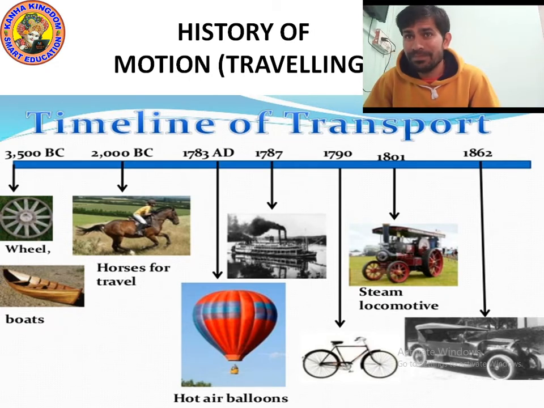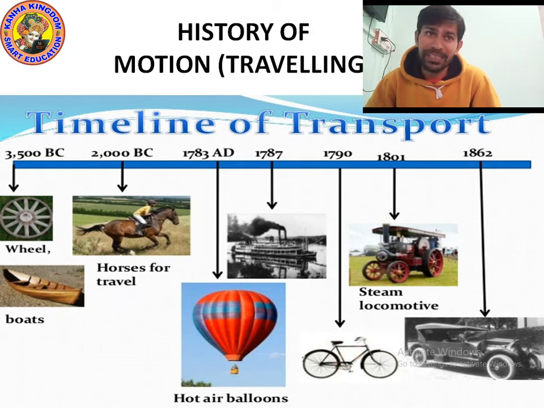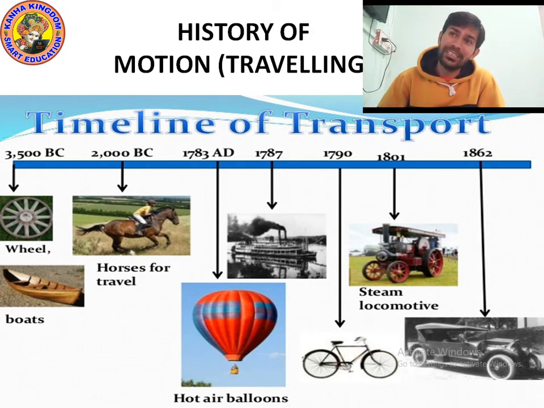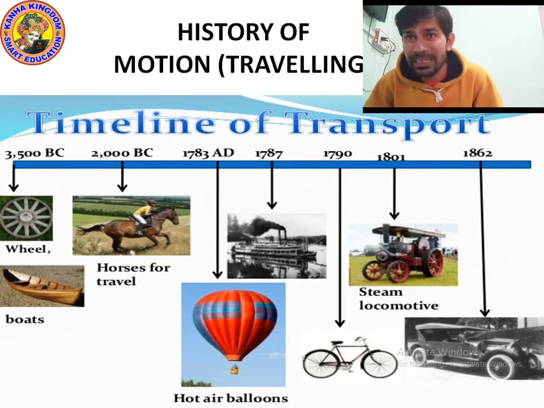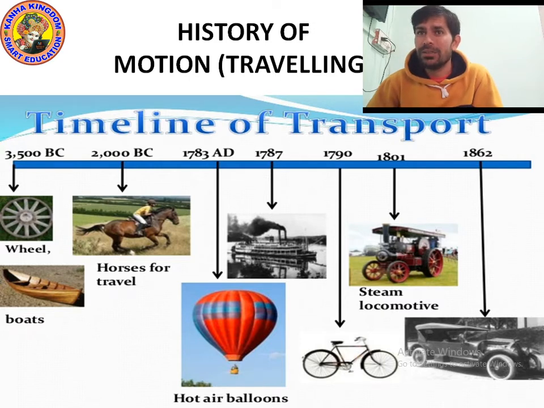Then the first car was made in 1801. They made an engine car so people could easily travel, which is actually a steam locomotive. And then a well developed car was made in 1862.